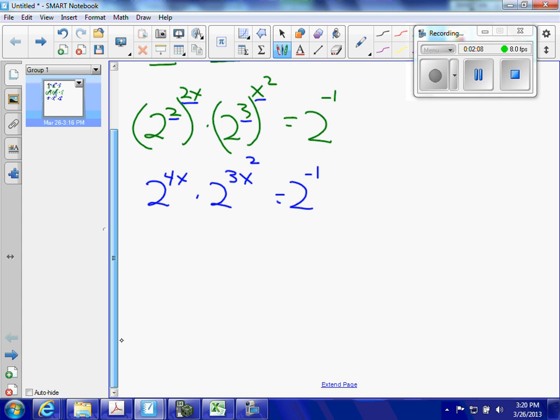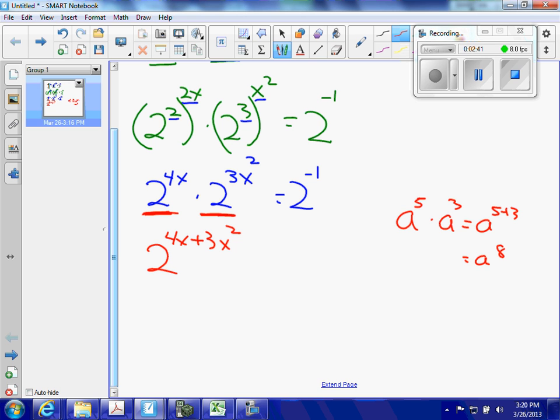And now I'm almost there, because I have the same base right here, just like if I had a to the 5th times a to the 3rd, that's equal to a to the 5 plus 3 equals a to the 8th. I am multiplying 2 terms together, and they have the same base. So this is 2 to the 4x plus 3x squared, and this is still 2 to the negative 1.